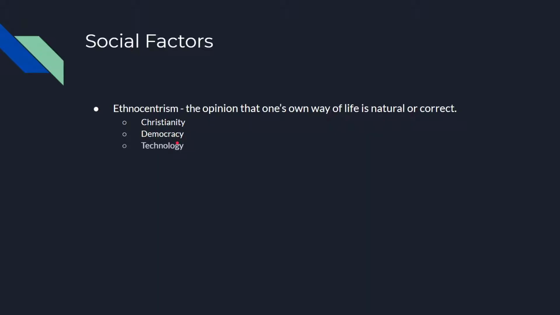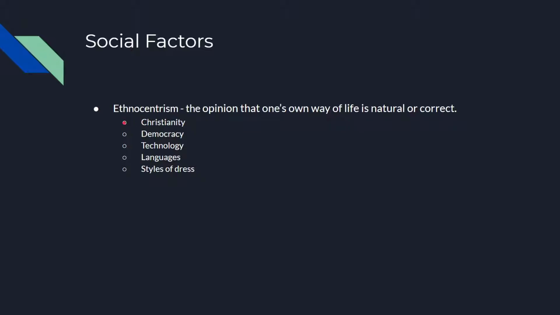Their form of technology is more correct and natural than other countries. Their languages were better. Their styles of dress were better. So all of these factors are included in this idea of ethnocentrism. The idea that all of these things in Europe are better than other countries.